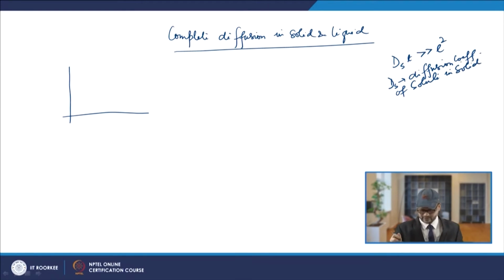Similarly, you will have the diffusion coefficient of the liquid, so in the liquid case you should have Dl into T again more than L square, where L is the initial length of the liquid in this case.